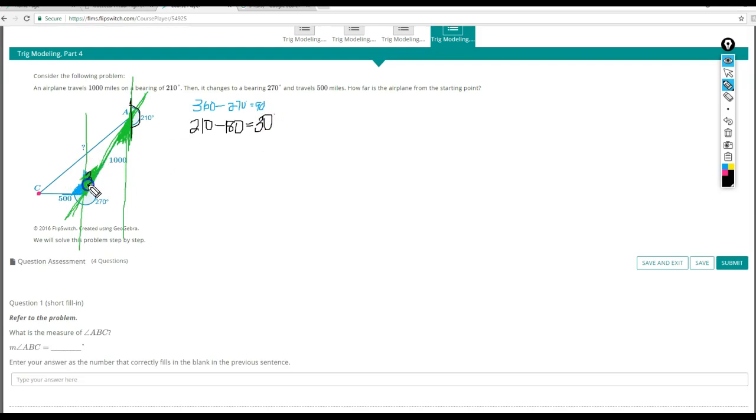So this section is 30 degrees of our angle, and this section we had found to be 90 degrees. So the total angle, by the angle addition postulate, is 30 plus 90 degrees. So that is 120 degrees.